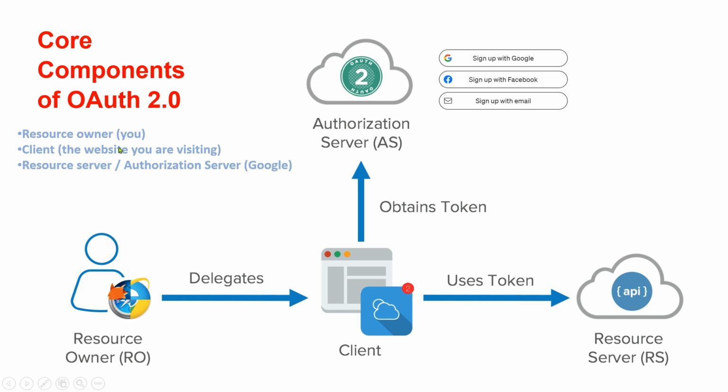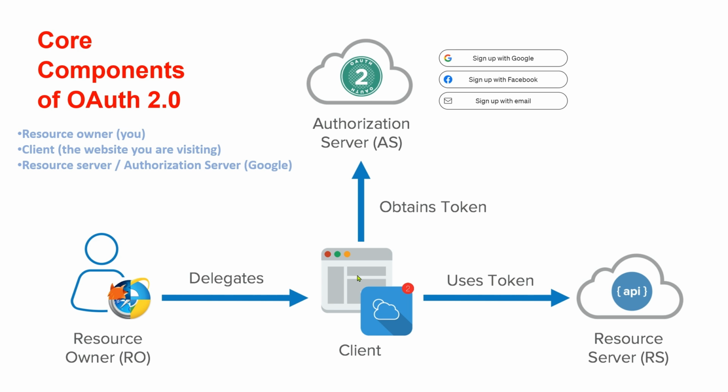Resource owner: this is usually the end user who owns the data and resources. For example, if I am using a social media app, I am the resource owner because I own my profile data. Then client. If you are using Instagram, the client is Instagram. The client is the application requesting access to the resource owner's data, like a mobile app or website.